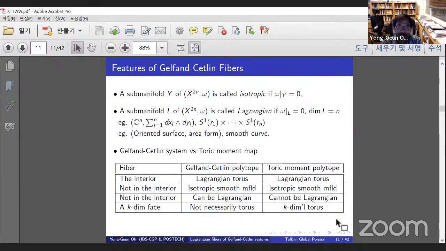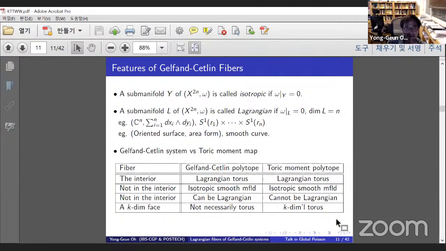However, in the Gelfand-Cetlin polytope case, the polytope can be regarded as the moment map image of a toric degeneration of the Gelfand-Cetlin system. Because of that, some of the boundary faces can have Lagrangian fibers, which doesn't happen in the toric case.